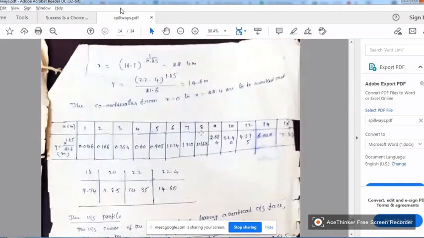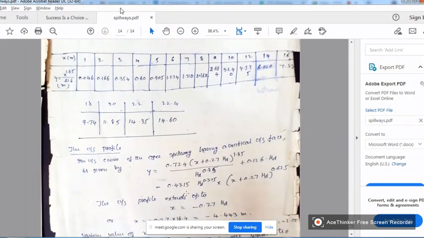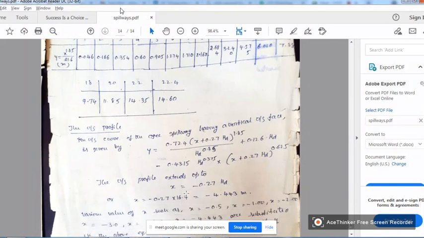For x is equal to 1, this is the y value, for 2, this one, like this. If x is equal to 22.4, you will get y is equal to 14.6. So this is how to design the downstream profile of the Ogee spillway.